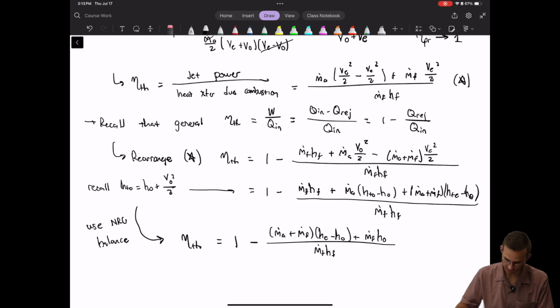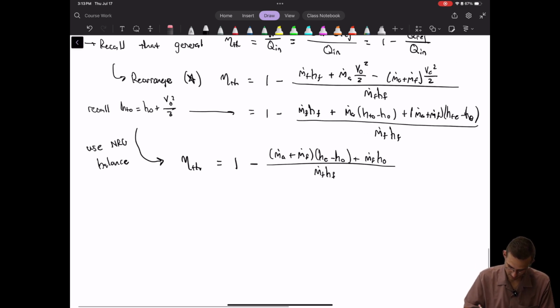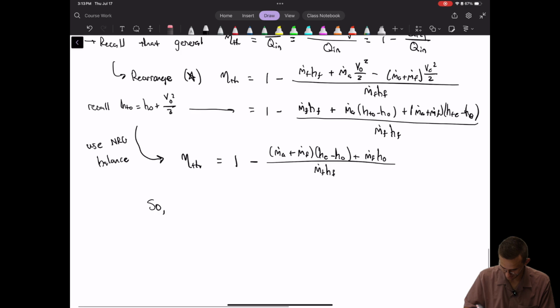Okay, so looking at this, we can see that Q rejected in this case is the same as m dot a plus m dot f times he minus h naught, plus m dot f h naught.